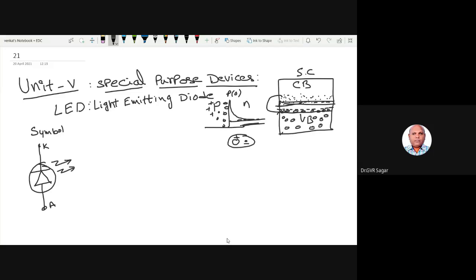Right? So the electrons which jump from the conduction band to the valence band or acceptor energy level fill this hole. Therefore, when jumping from higher energy to lower energy, some energy will be released. In a simple PN diode, this energy is released in the form of heat, which we already studied, right?